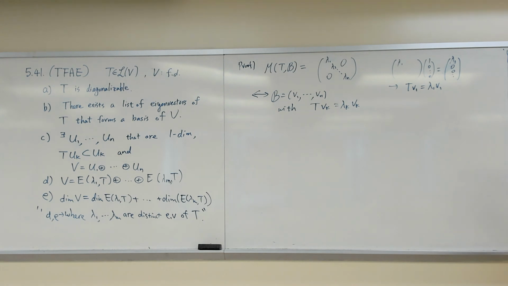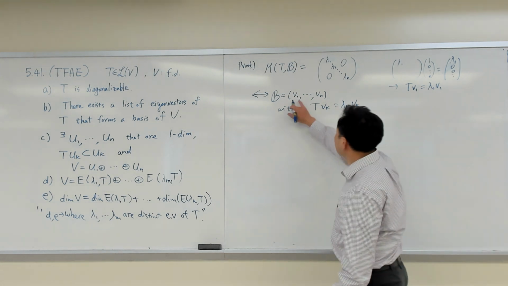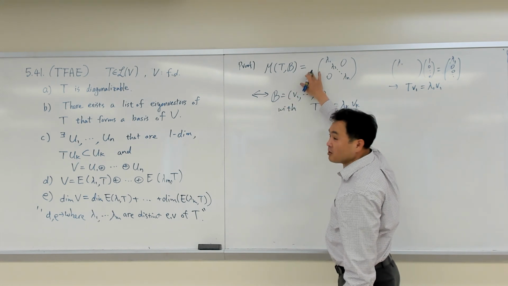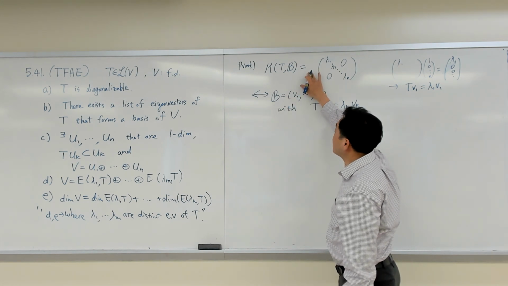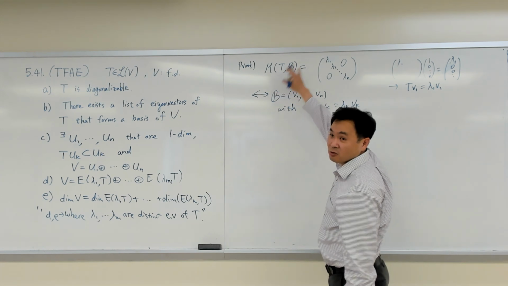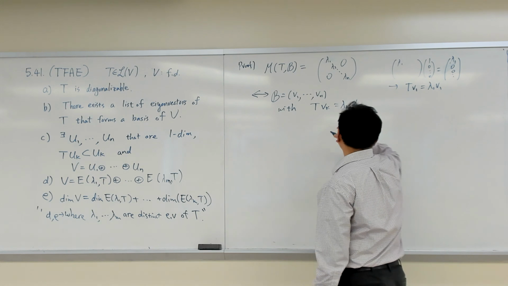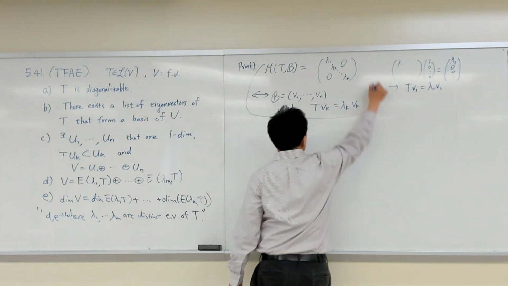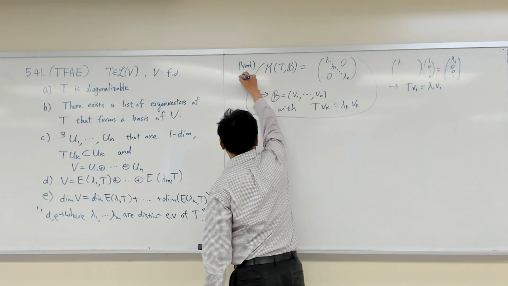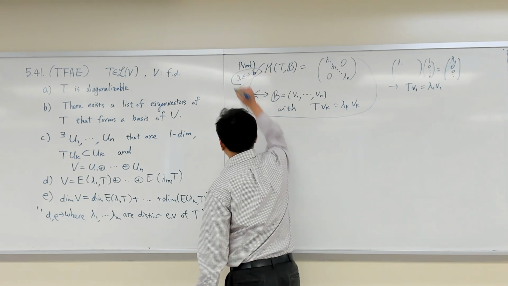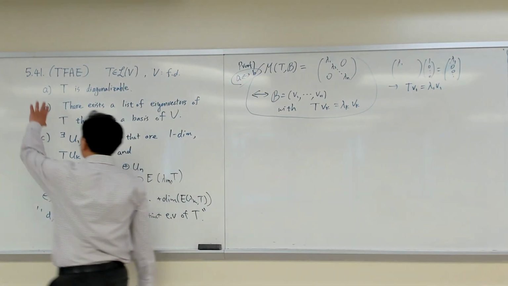And therefore, having a basis of eigenvectors for V is equivalent to saying that there is a basis that makes the matrix of T look like a diagonal matrix. Okay, so this portion shows that condition A is equivalent to B. So these are equivalent.